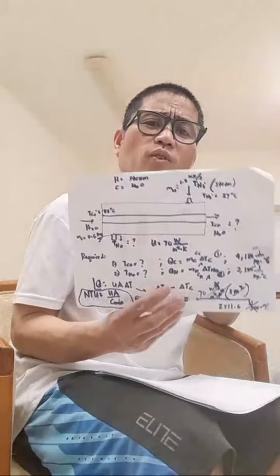TCO, TCI. In here, in the illustration again, the delta TC is equal to TCO minus TCI. You get the point? Okay.